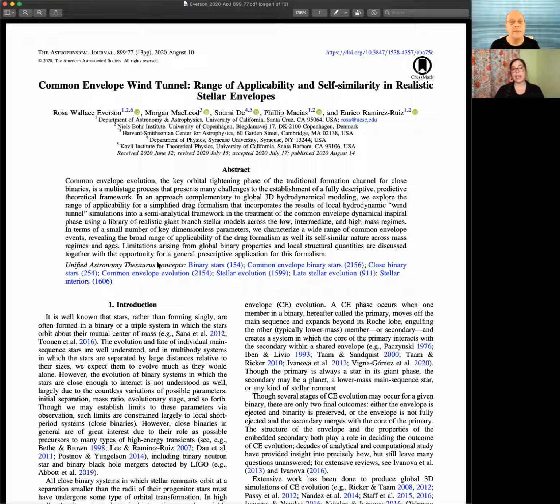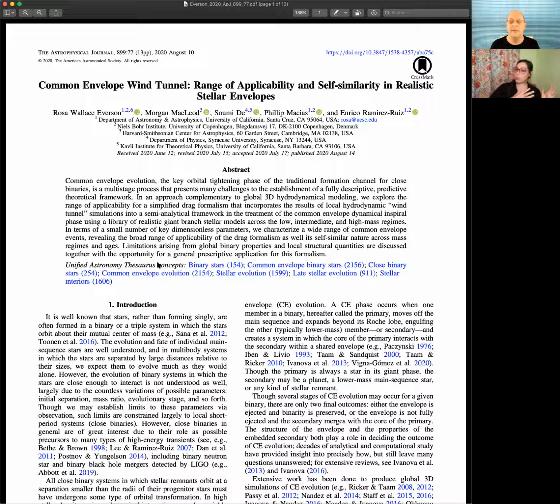So together with my collaborators, particularly with Morgan and Shomi Day, who was at Syracuse at the time, we were together at the Kavli summer program in 2017 in Copenhagen, and we're trying to figure out if we wanted to do a broad range of different simulations to fill in the parameter space, we needed to know what that parameter space needed to be.